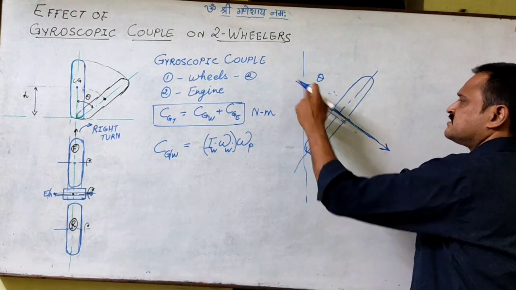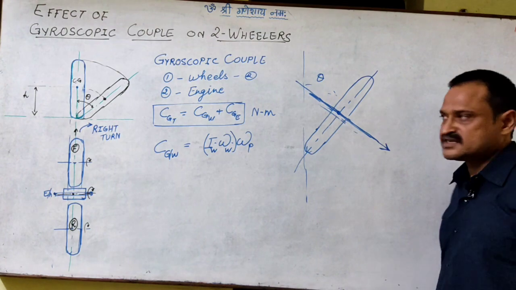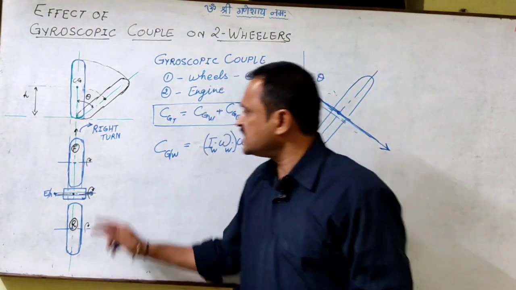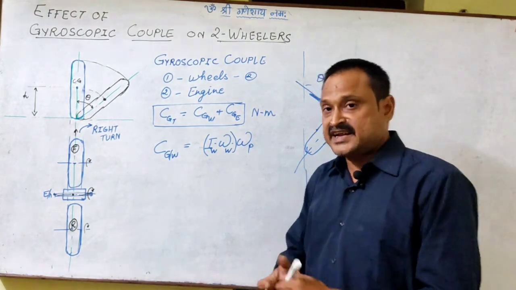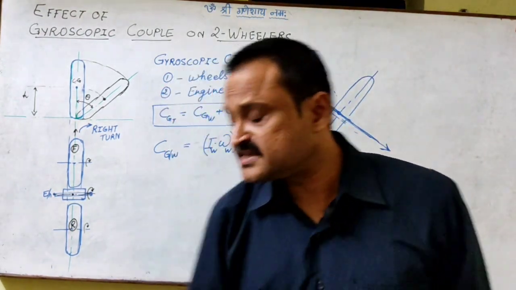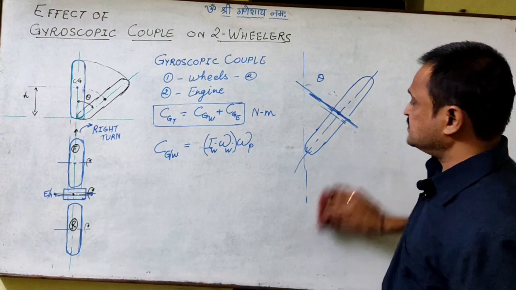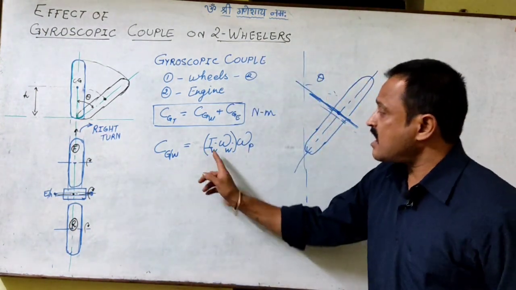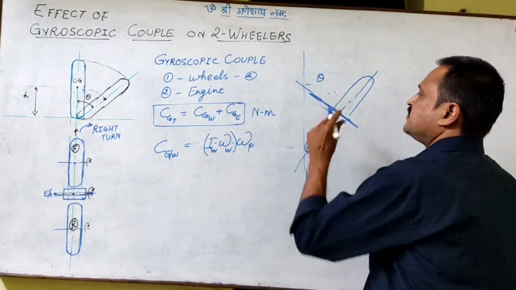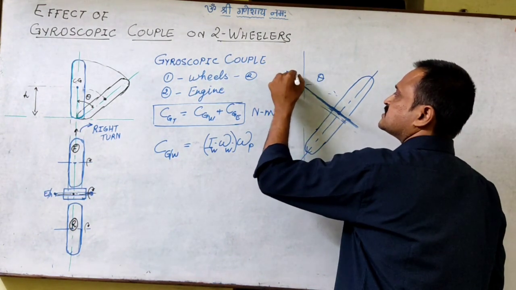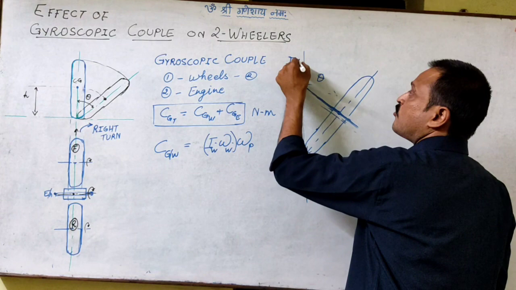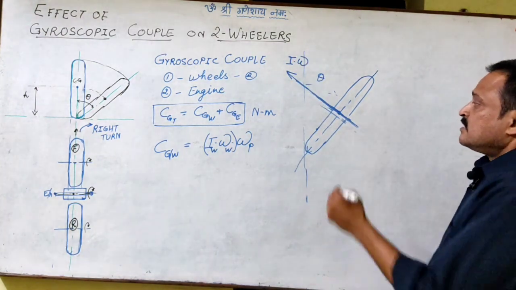So let us say the vector is pointed in this fashion. In our case, when this is turning clockwise, if I consider the right hand rule, the vector of I omega will be pointing outwards, in this direction. This will be I omega, right?